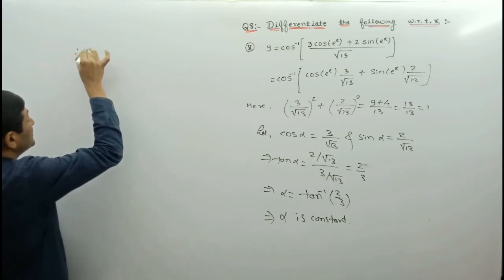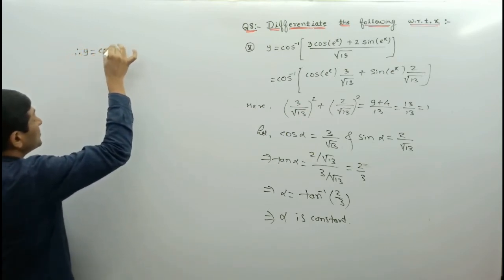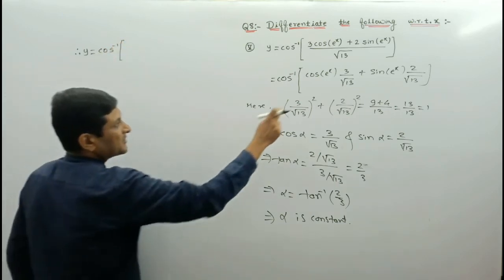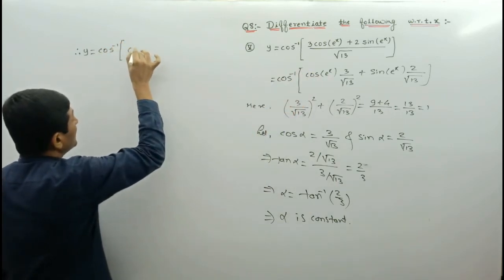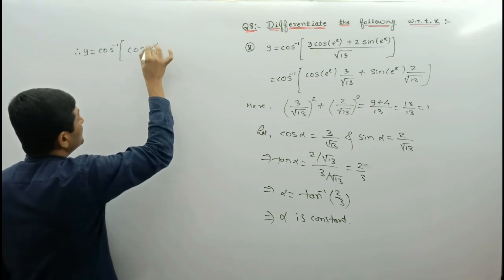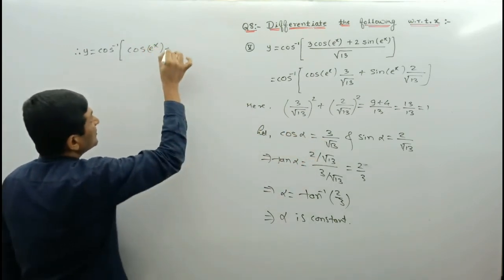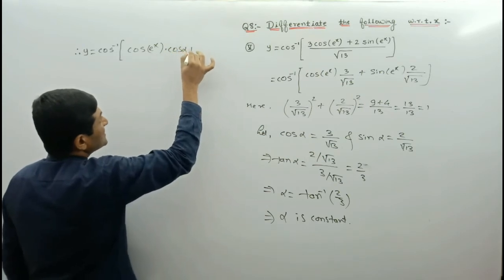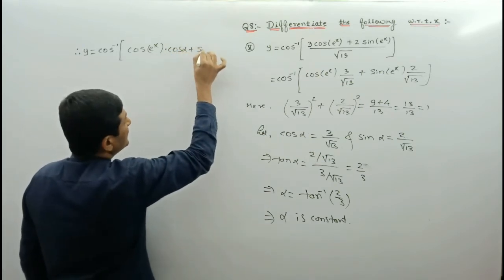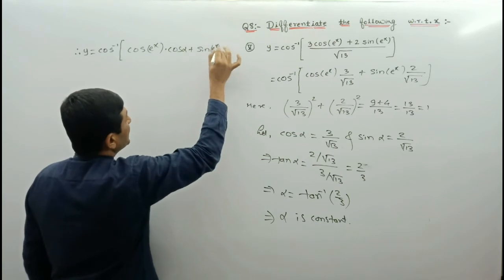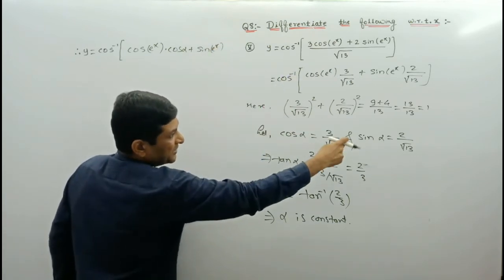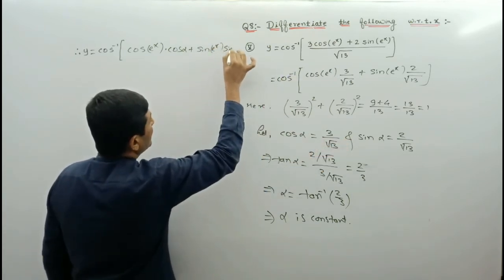So after substituting this value in y, means what? Cos inverse of cos e raised to power x, cos e raised to power x into 3 by root 13 we are denoting by cos alpha, plus then what is the next term? Sin e raised to power x, keep it as it is, and 2 upon root 13 we are denoting by sin alpha.